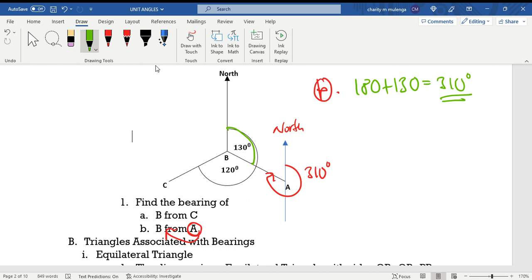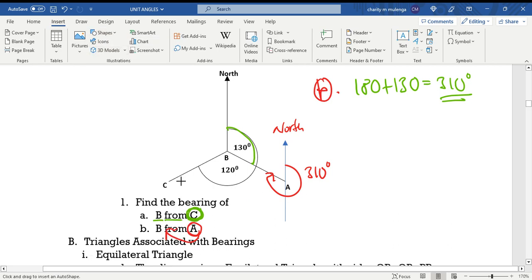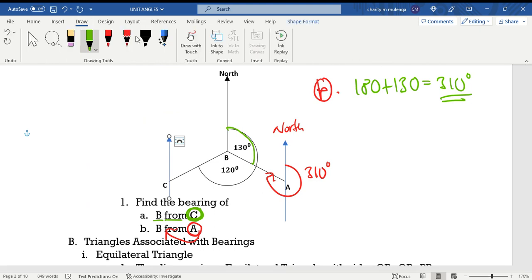The next question is saying find the bearing of B from C. So our origin there is C. So remember, I've sketched the north at C. Now at that point, all we have to do is rotate clockwise from C going to B. Now the question is how do we find this angle here?